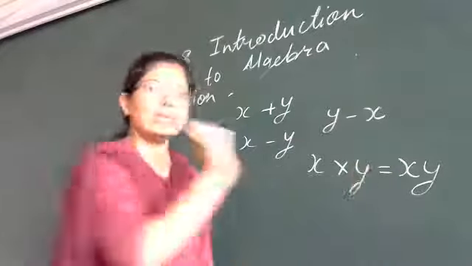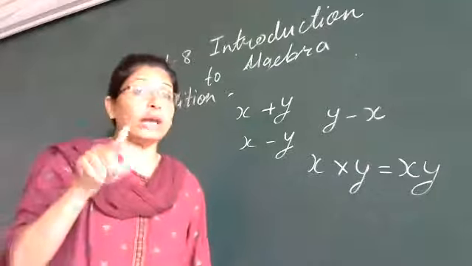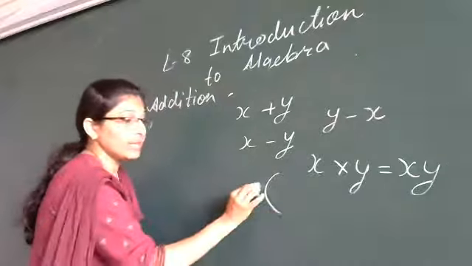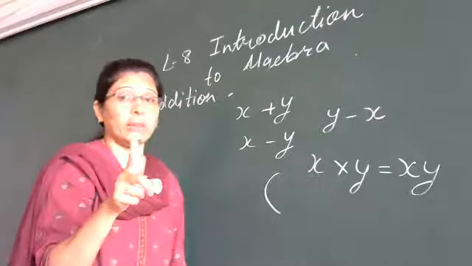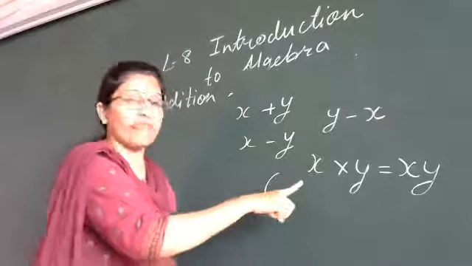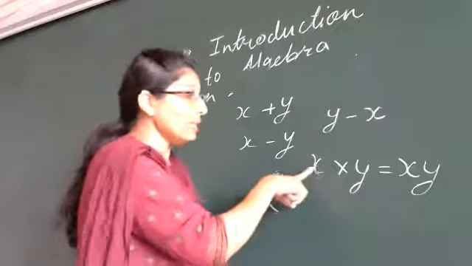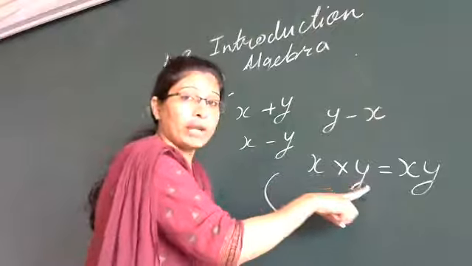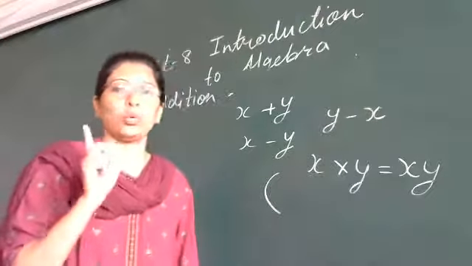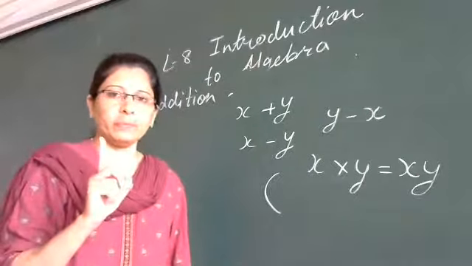Like in board math, I told you when a bracket is there and no sign, it means multiplication. Same here. In multiplication of variables, we can write x multiplied by y, or if you don't write a sign also, it is multiplication only.